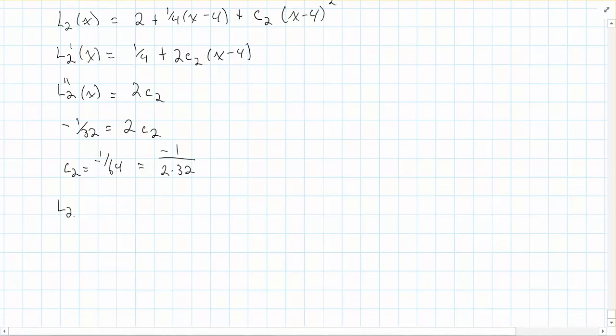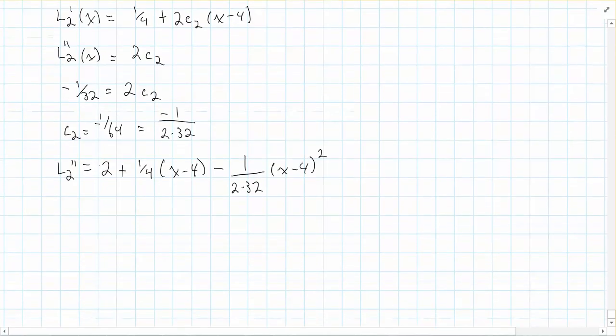So L2 is going to equal 2 plus 1/4 x minus 4 minus 1 over 2 times 32 x minus 4 squared.